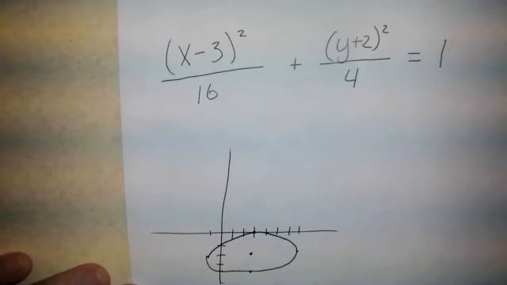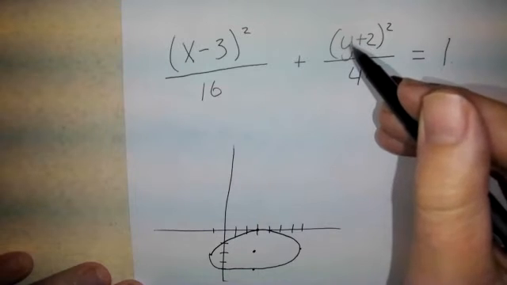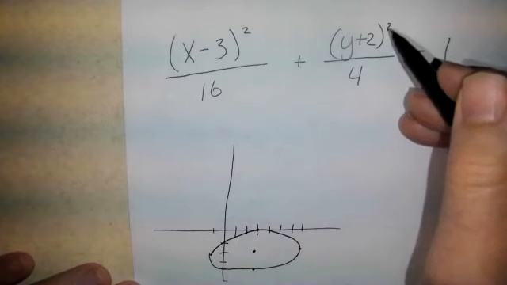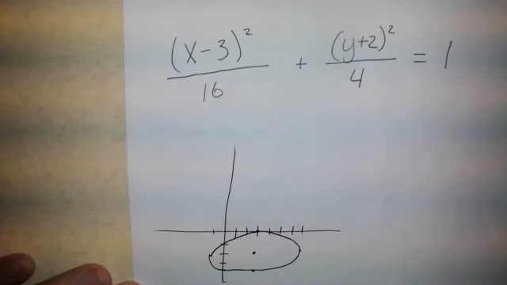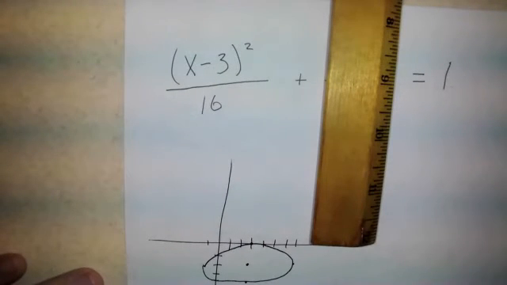And one way is, well, what value would I have to make y to make it 0? If y were -2, -2 plus 2 is 0, 0 squared is 0, 0 over 4 is 0, and adding 0 does nothing. So I'm going to use a ruler here and cover that up, and I get the equation (x - 3)^2 over 16 equals 1.